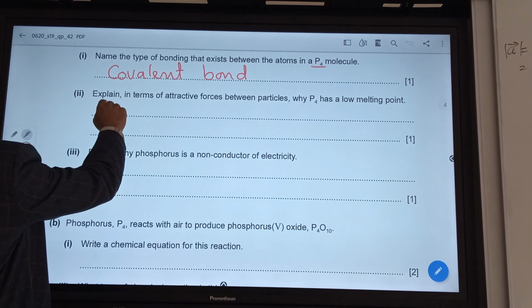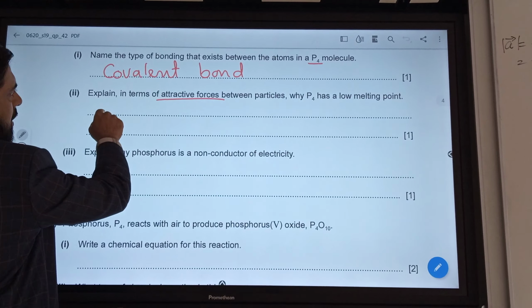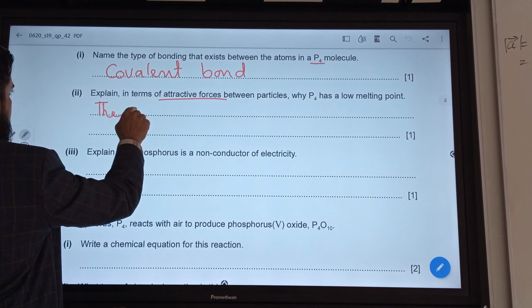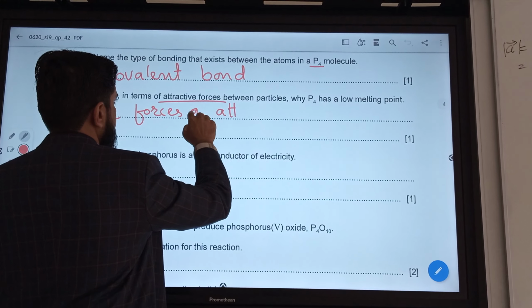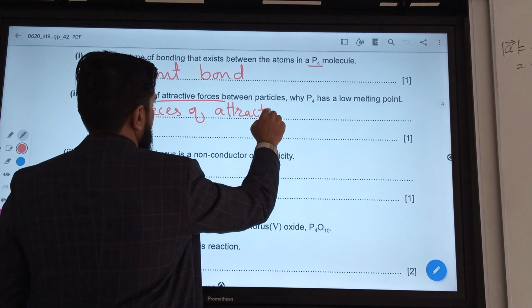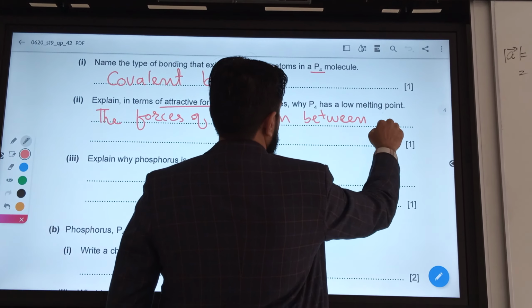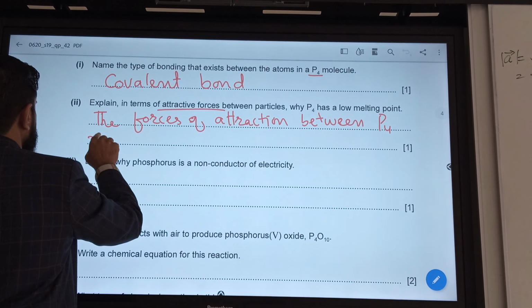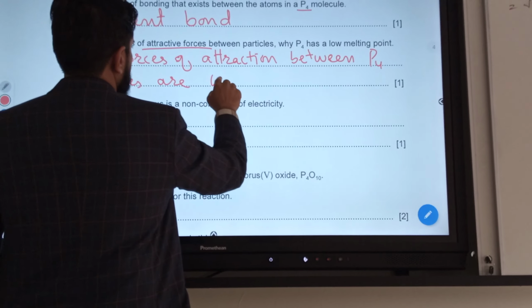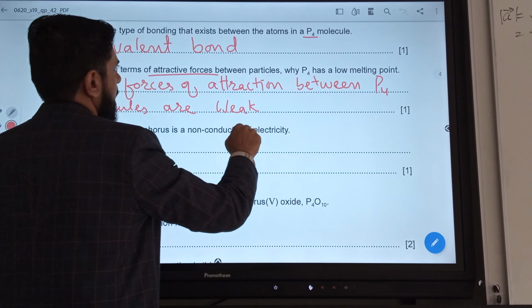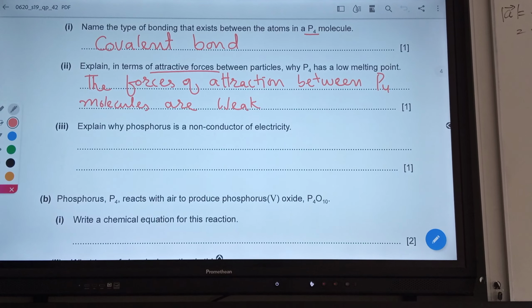So we can say the forces of attraction between P4 molecules are weak, and you can also say it has a simple molecular structure.